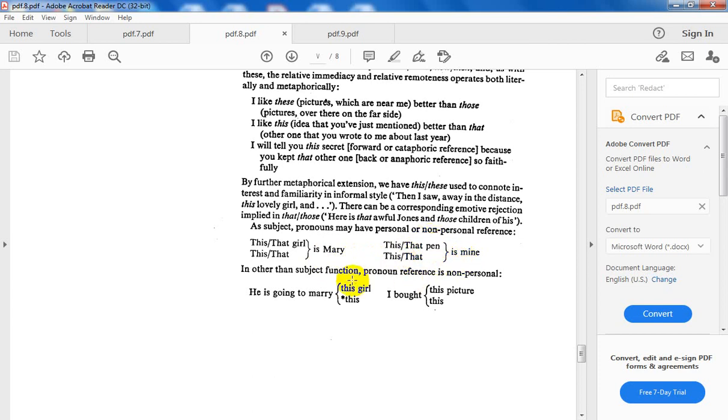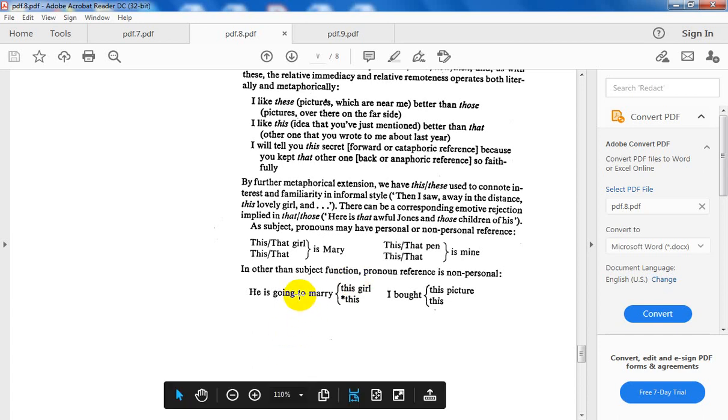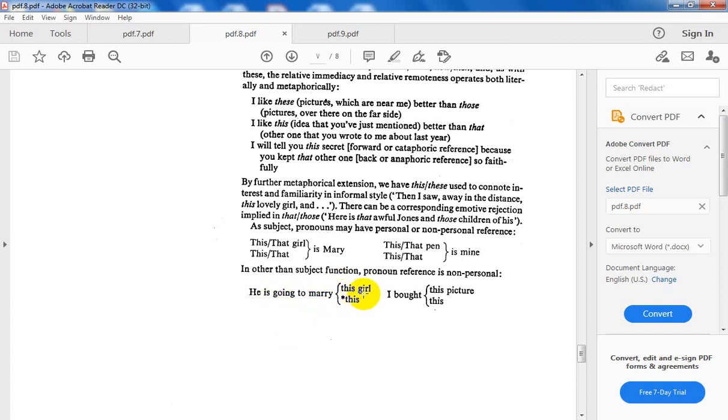But if it is not a subject, pronoun reference is non-personal. We cannot use this as personal. For example, he is going to marry, if it is other than the subject, he is going to marry this girl. Now it is obligatory to use this girl, not this.